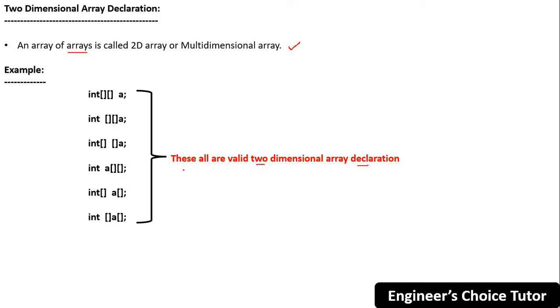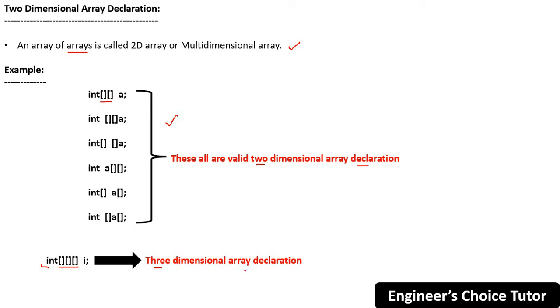All these syntaxes are valid. Fine. And how can you declare a three-dimensional array? You can declare it like this. See how many square brackets are present? 3 square brackets are present. And in the two-dimensional array declaration, how many square brackets were present? 2 square brackets were present, right?